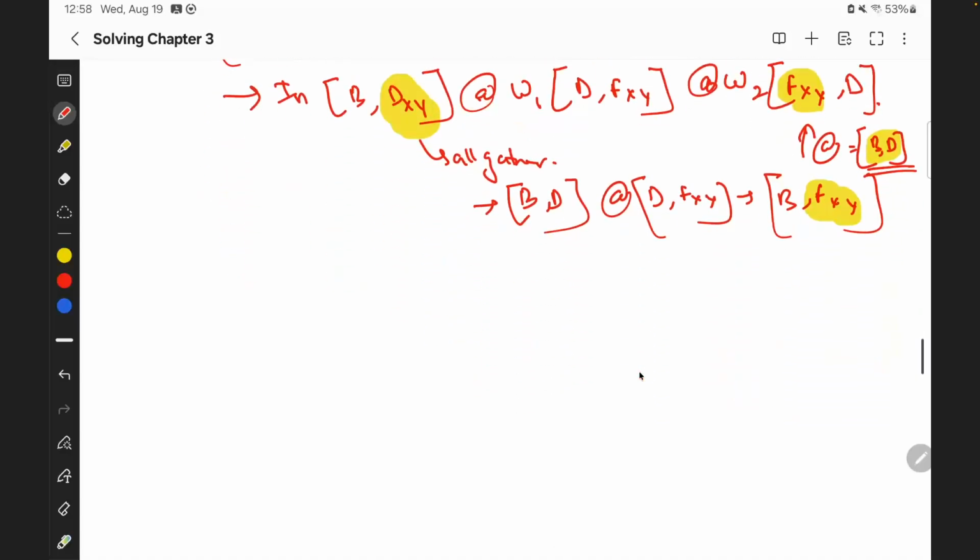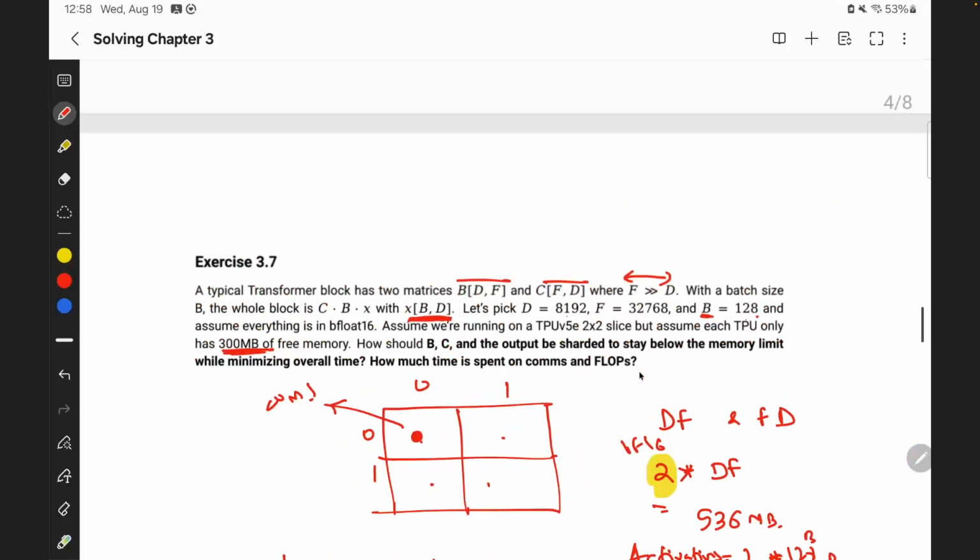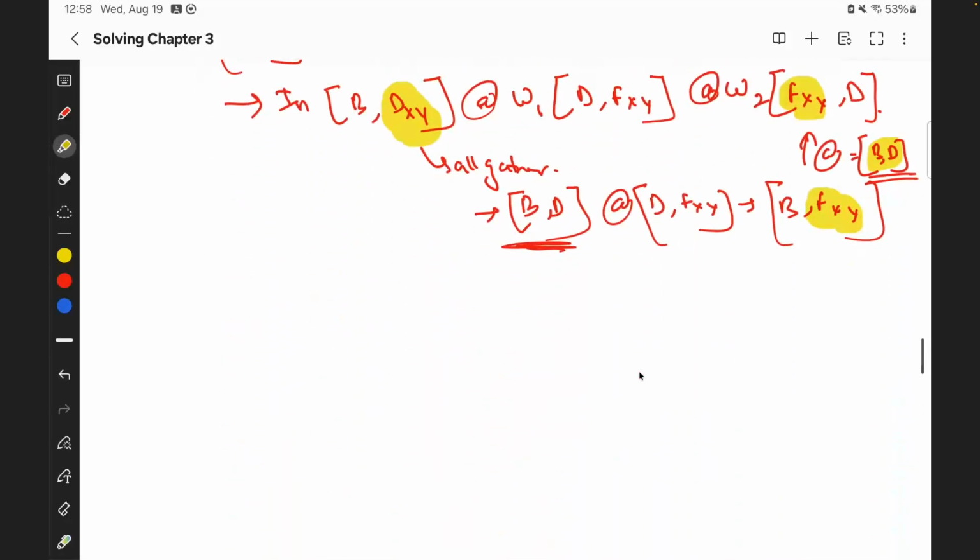So if we have this configuration, when you do an all gather, this will be 2 megabytes per device, and you have f x comma y. If you see here, f is the biggest memory-consuming thing.